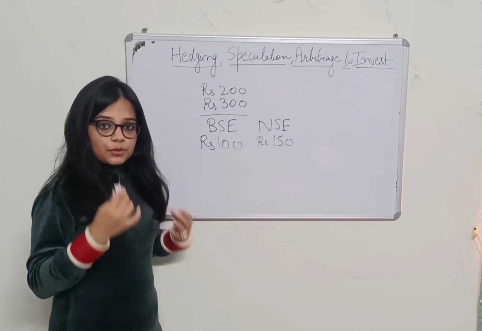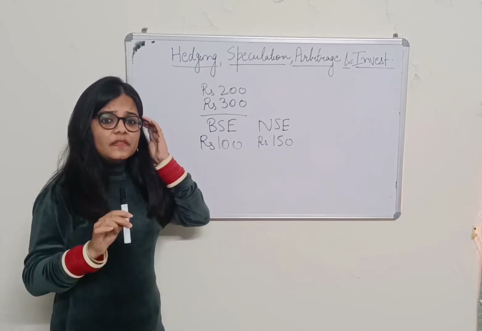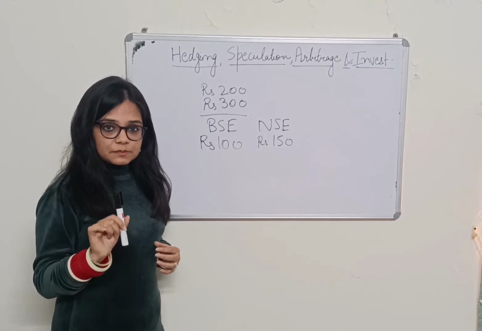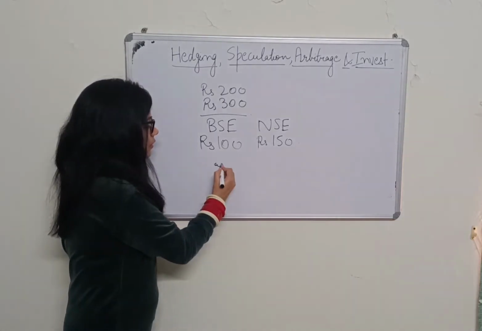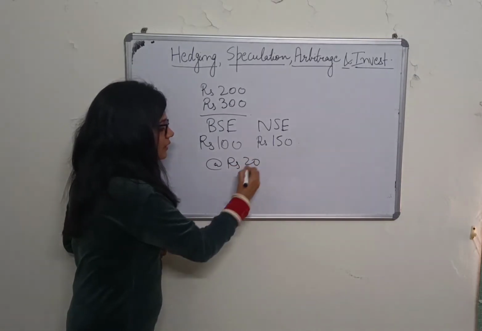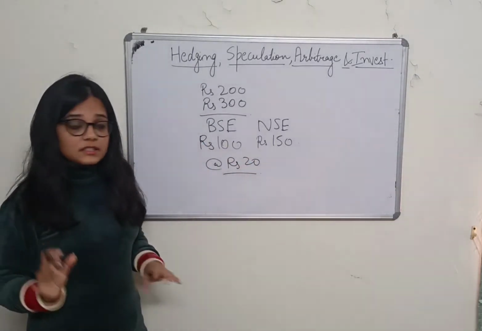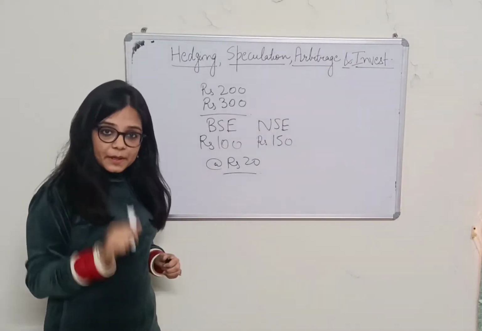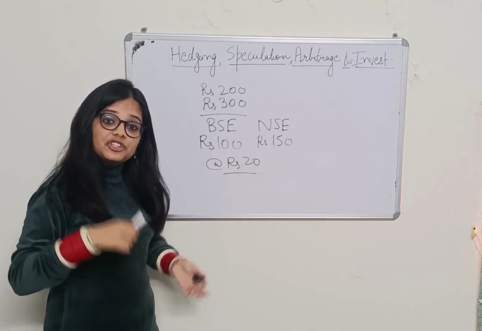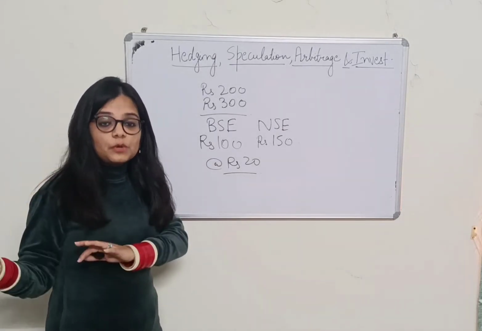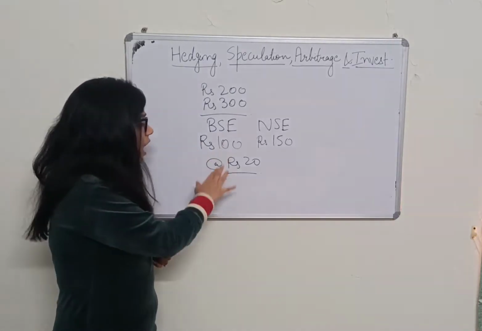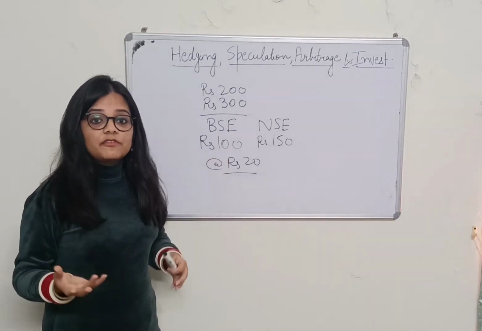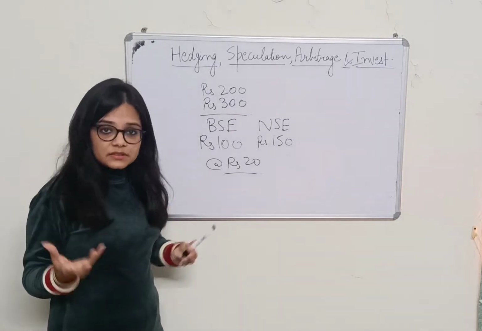So I will say that I will purchase this marker after 1 month, but at the rate rupees, suppose, 20, right? तो मैंने क्या किया, इसमें मैंने मार्कर का प्राइस अभी डिसाइड कर लिया, बट मैं उसे परचेज कब करूंगी? फ्यूचर में 1 मंथ के बाद. So what I am doing here, I am protecting myself, hedging myself from the risk, right?